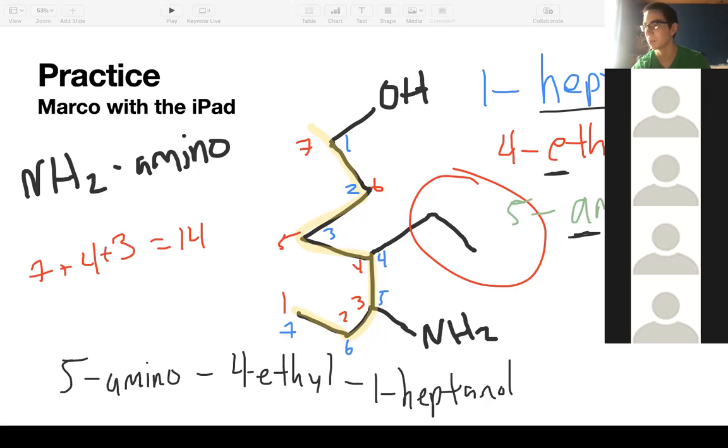And we're going to do the same for the blue. So I'll quickly say alcohol, carbon 1, ethyl, carbon 4, and our amino is on carbon 5. So we're going to add those up as well. And in this case, they come out to 10. So we're going to use whichever order gives us the lowest number.